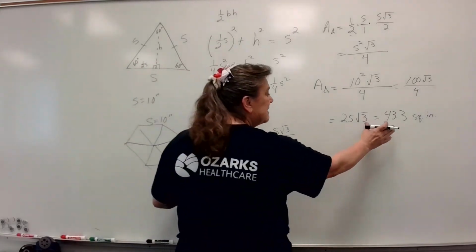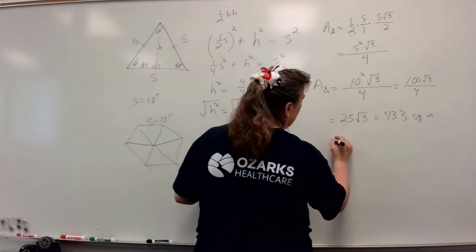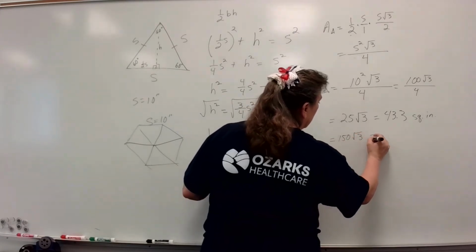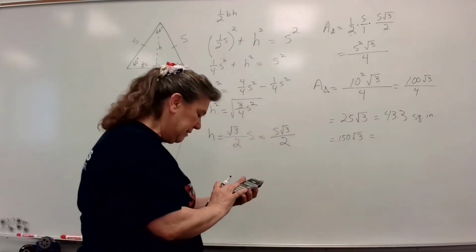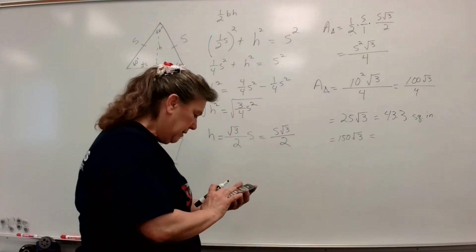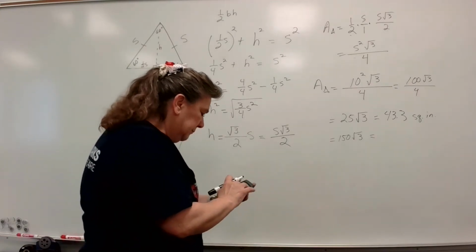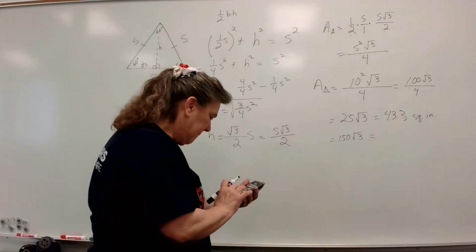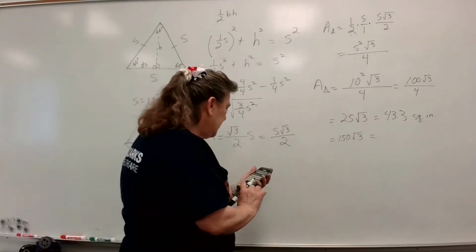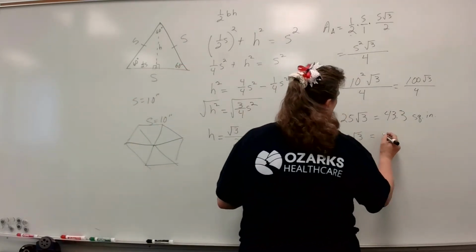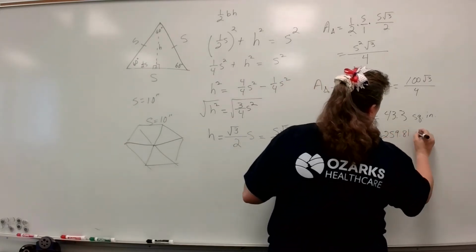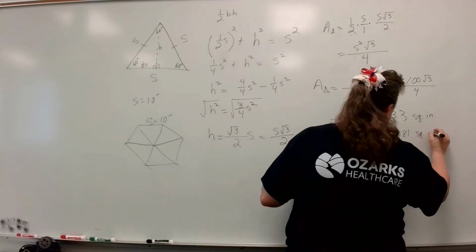So 6 times what I have here would be 150 square root of 3, which is equal to, let's see what it is, 259.81 square inches.